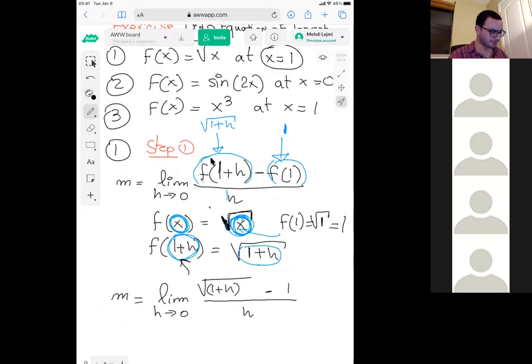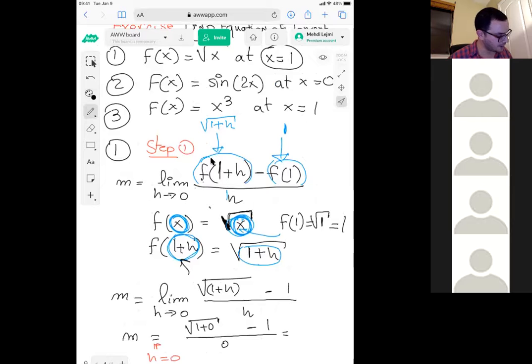And now, of course, when you compute the limit, we said the first step is always just to plug in the number into the function. So if h is 0, then you're going to have the square root of 1 plus 0, minus 1, over 0.